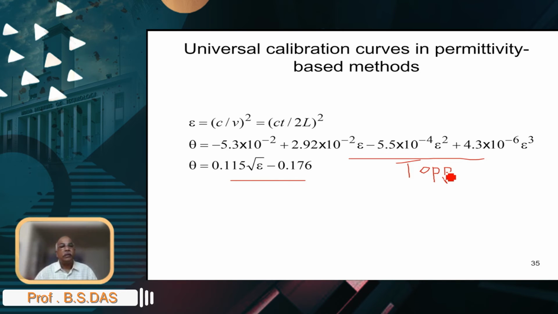So the ratio of the speed of light C to that velocity in an unknown sample is measured to get a bulk dielectric constant of the soil. And once you know the dielectric constant, it's easy to use Topp's equation, or the other one, a power function relationship, to get the volumetric water content.